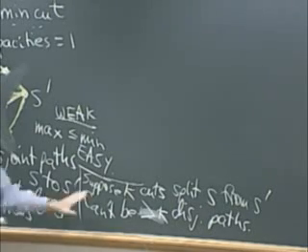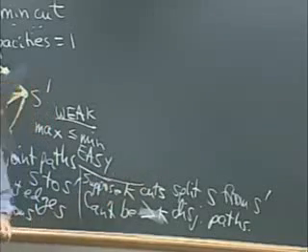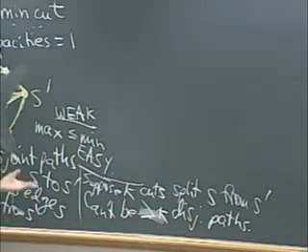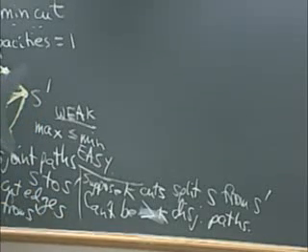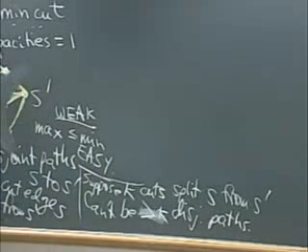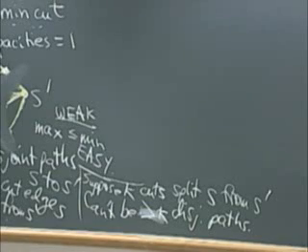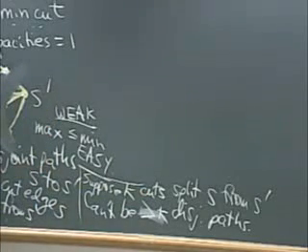So that would be the reasoning: I take any cut that works. I say, okay, maybe it took K separate edges to clip. But then the number of disjoint paths couldn't be larger than K, because if it were, one of those paths isn't getting cut, and we haven't separated S from S prime.